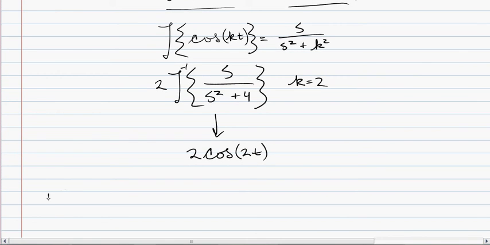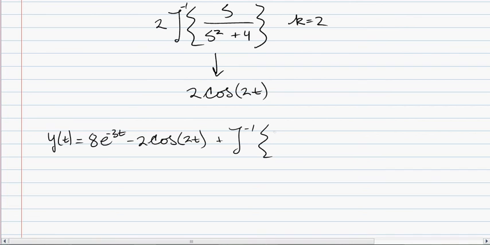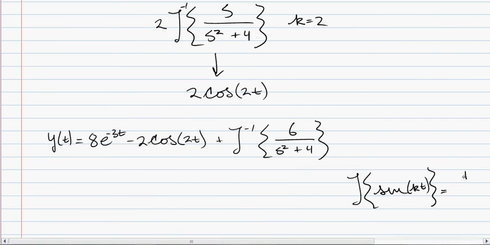So plugging that in, our y of t is now 8 e to the negative 3t minus 2 cosine of 2t plus the inverse of 6 over s squared plus 4. Now for this one, it looks similar to this, which is going to be equal to k over s squared plus k squared.